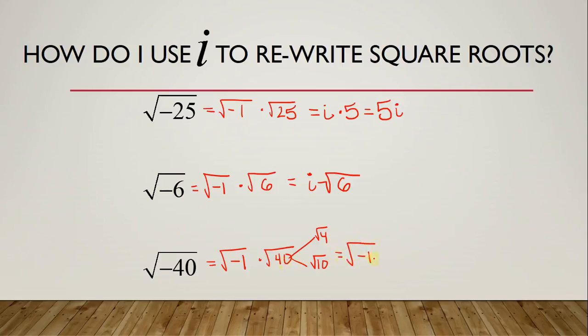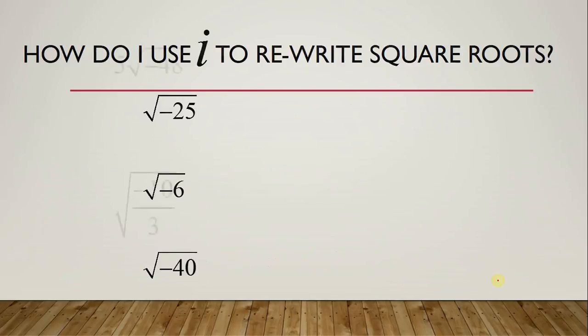So I got the square root of negative 1 times the square root of 4 times the square root of 10. So basically all I'm doing is just separating this out. Square root of negative 1 is just i. Square root of 4 is 2. And then I have the square root of 10 yet. So my final answer, if I write it nice, would be 2i square root of 10. Just so it looks kind of cleaner and a lot nicer if you want to say it that way.